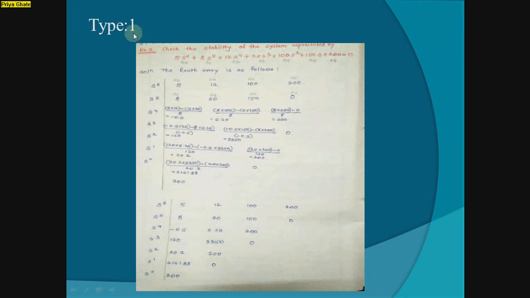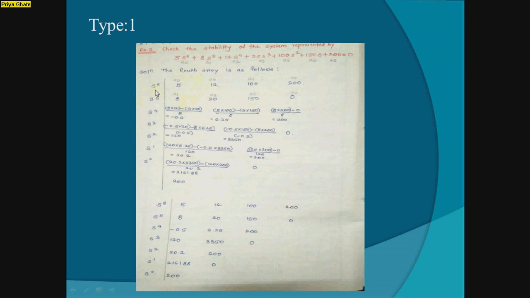Now we are going to start example number 2. Check the stability of the system represented by 5s raised to 6 plus 8s raised to 5 plus 12s raised to 4 plus 20s cube plus 100s square plus 150s plus 200 is equal to 0. We are going to write the first two rows as per the formulas of the Routh criterion.